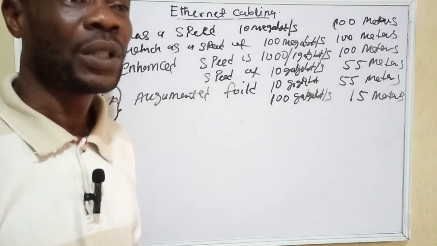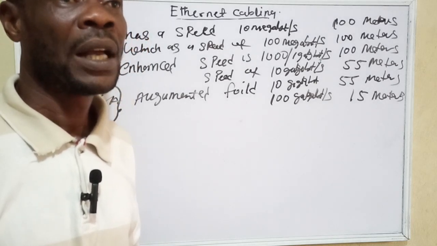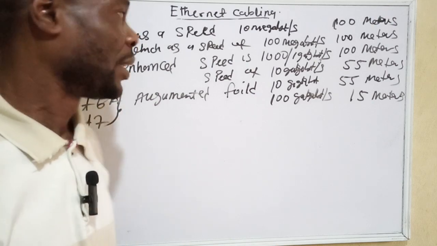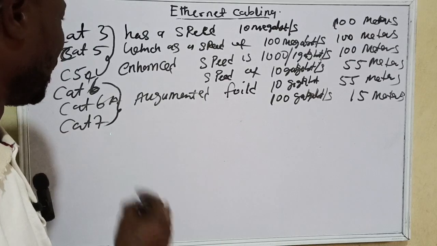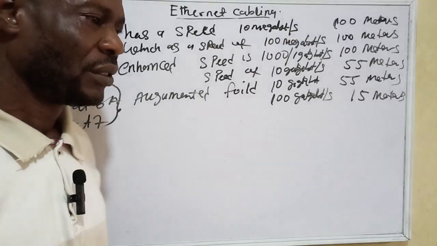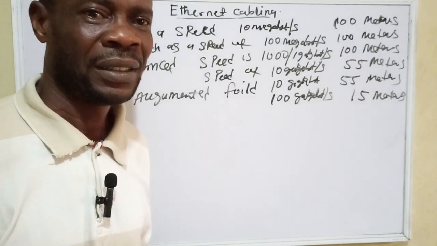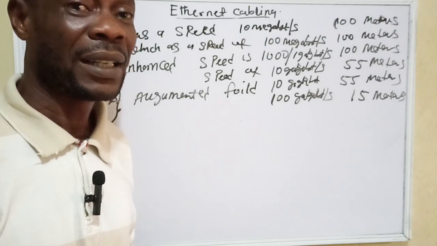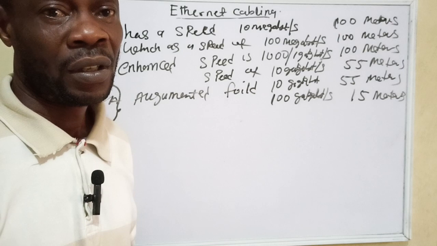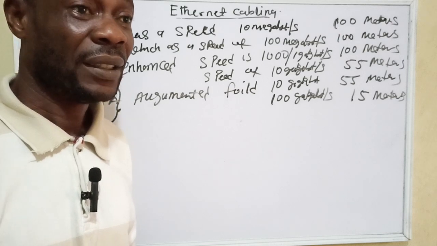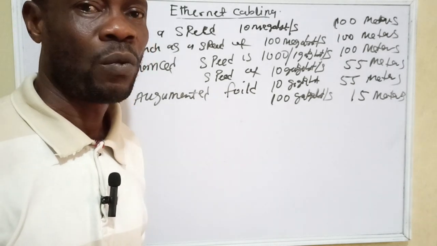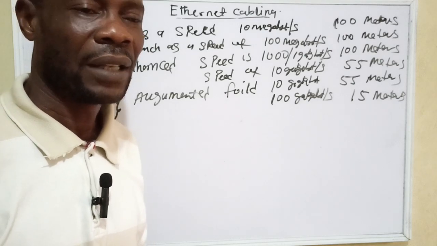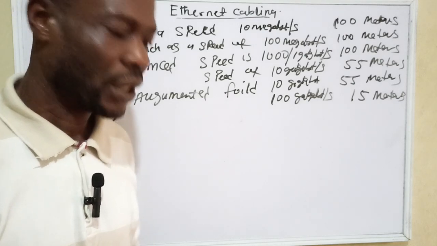Where you want to transmit gigabits, 5E, 6, 6A and 7 have the capacity to transfer from 1 gigabit to 100 gigabits of data. In this case, 8 wires are used: 2 pairs for transmit and 2 pairs for receive.